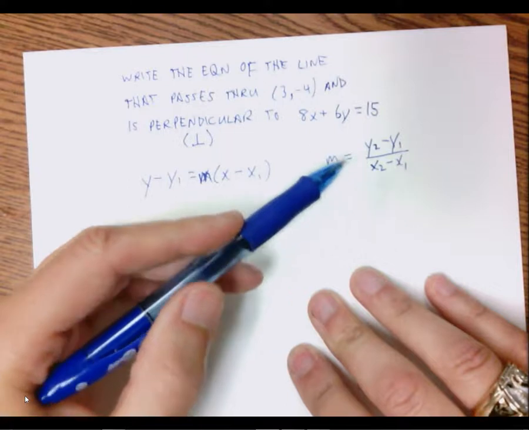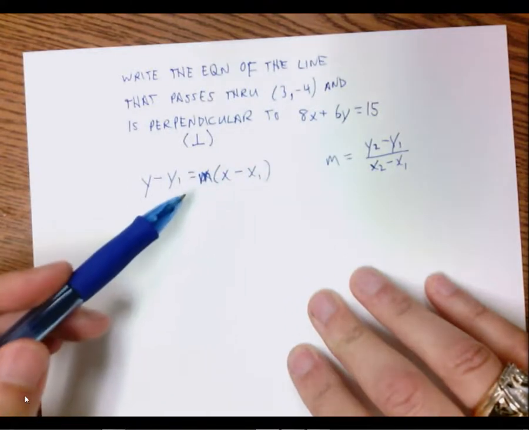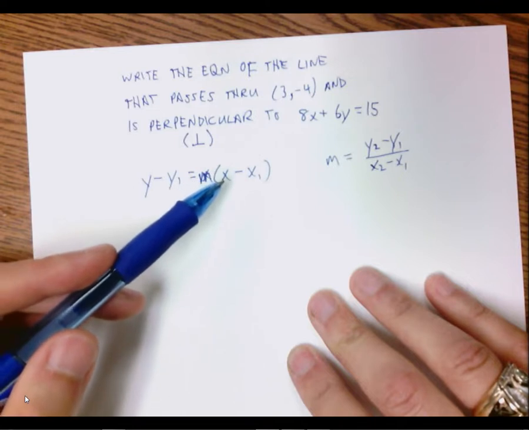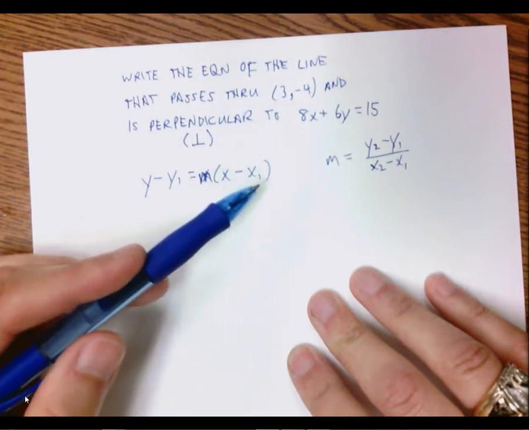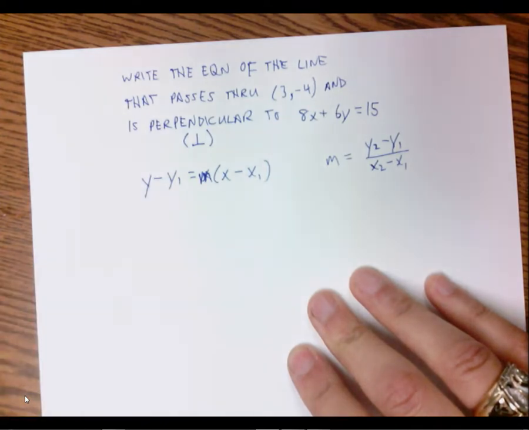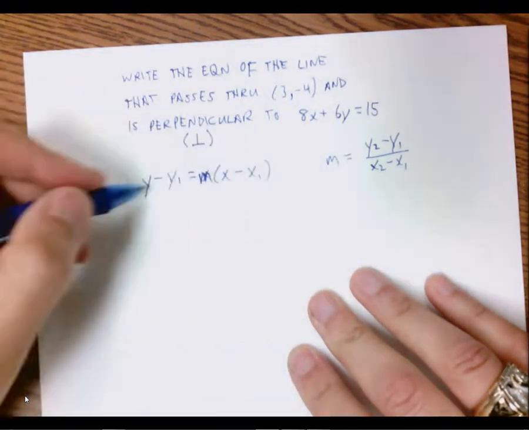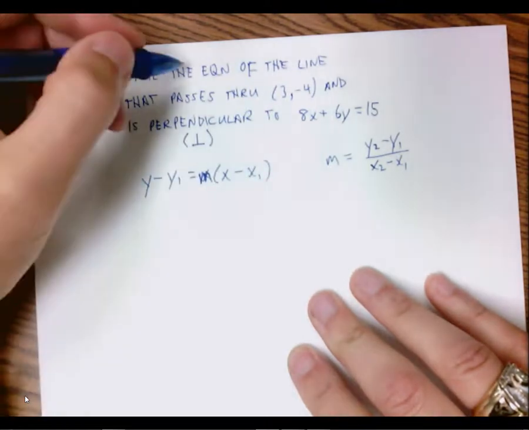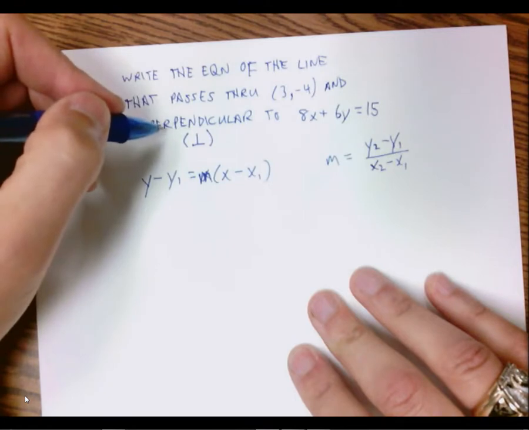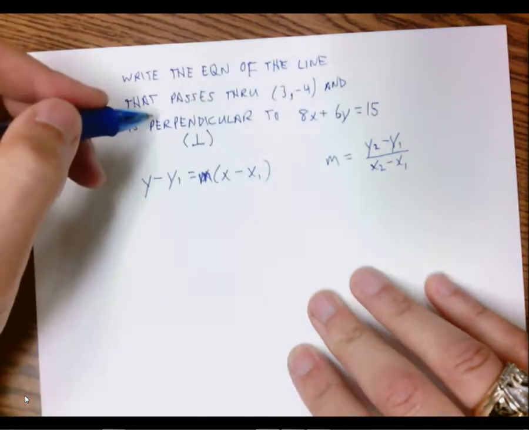If we rewrite it, it can look like this, replacing the x2 with x and x1 stays x1, and replacing the y2 with y. Anyways, we're going to use this to get a y equals mx plus b for the equation that passes through 3, negative 4 and is perpendicular to 8x plus 6y equals 15.